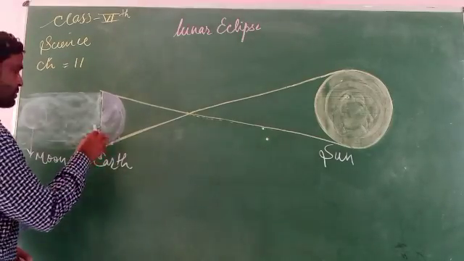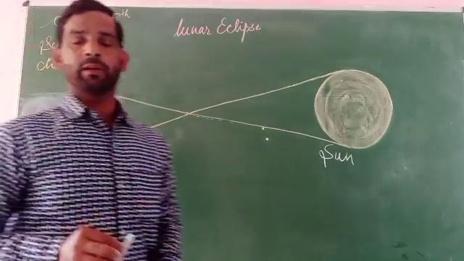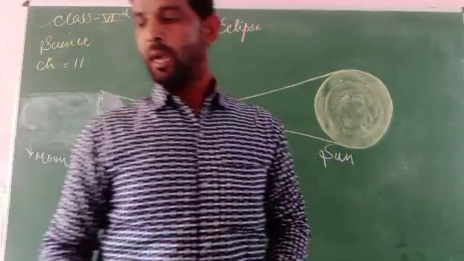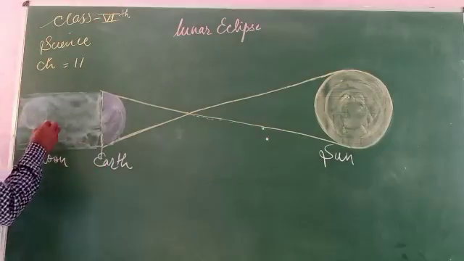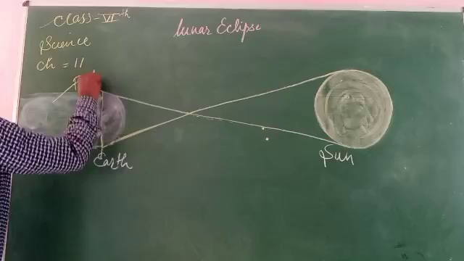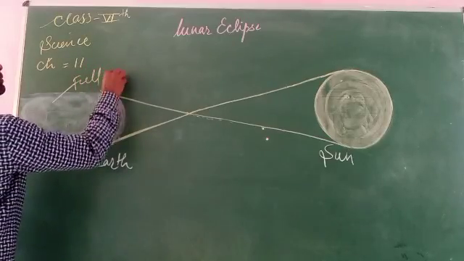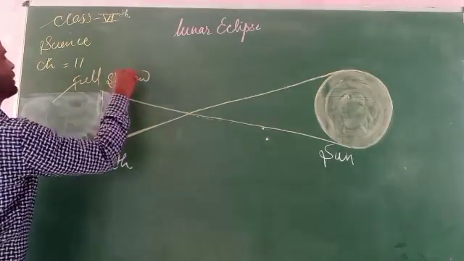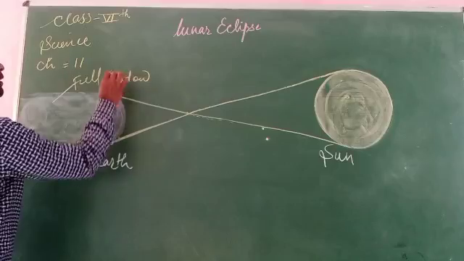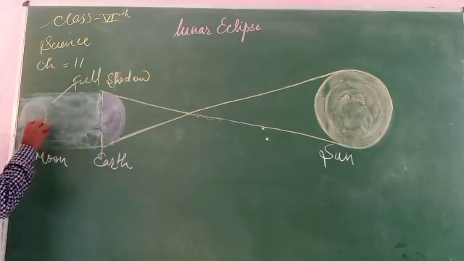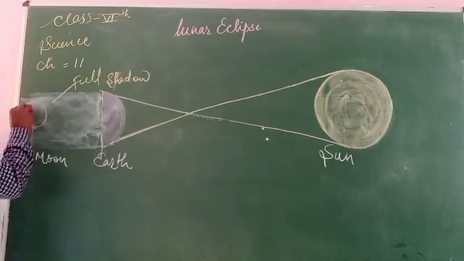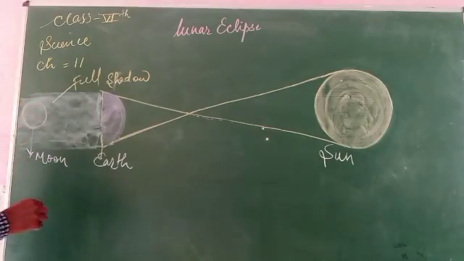This portion is completely blocked by the earth, and the moon has a full shadow. It experiences the full shadow of the earth that falls on the moon's surface. Here you can see this is the moon, and the full shadow forms.